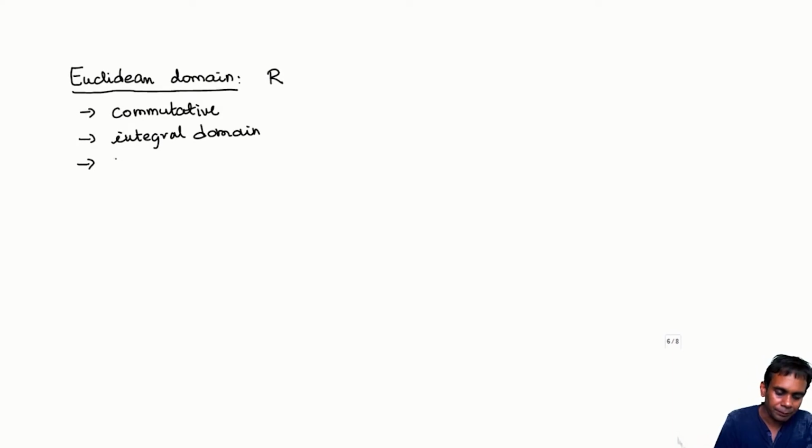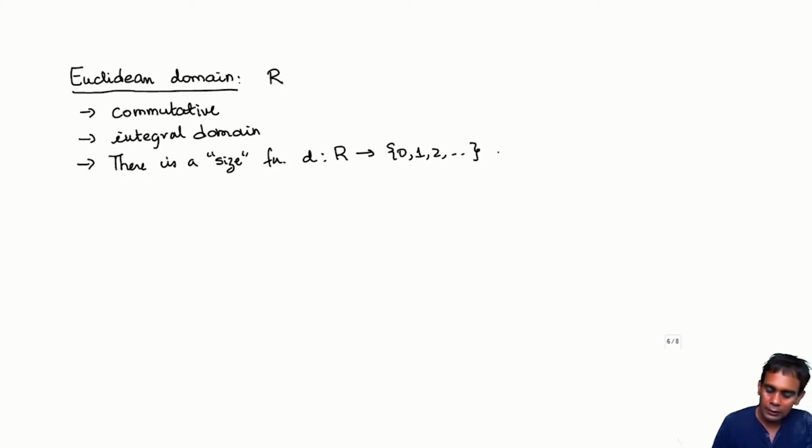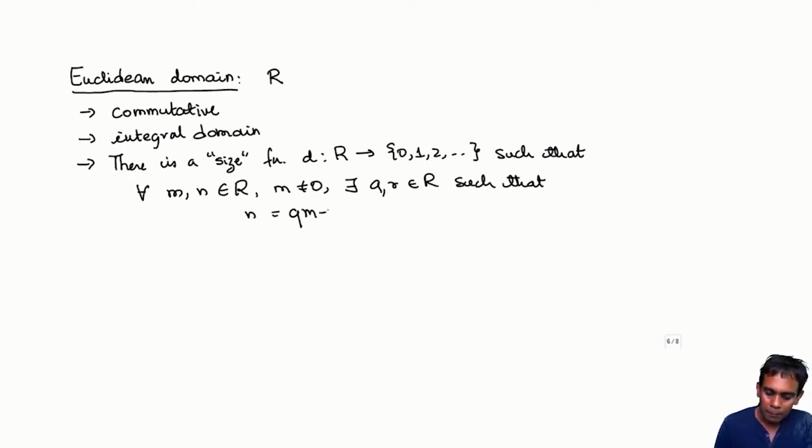And the third property is that it comes with a size function d from R to the non-negative integers such that for all m, n in R with m not equal to 0, there exist q and r in R such that n is equal to qm plus r, where the size of r is less than the size of m, or r is equal to 0.